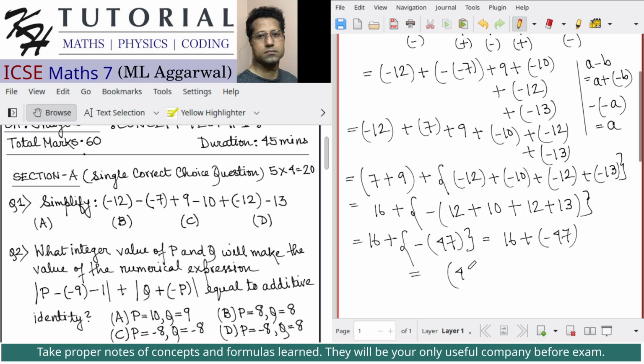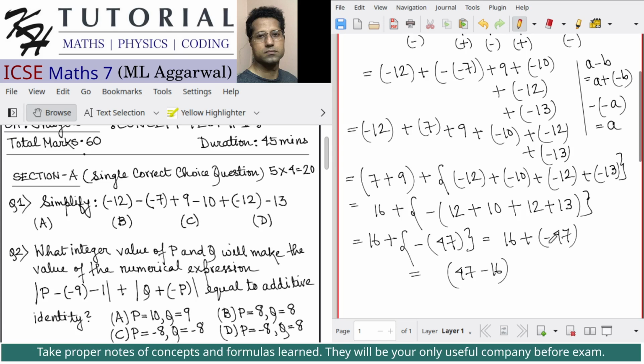So I will do 47 minus 16, and the sign that I have to put will be the sign of the numerically greater integer, which is minus 47, because the absolute value of minus 47 is 47 and the absolute value of 16 is 16.